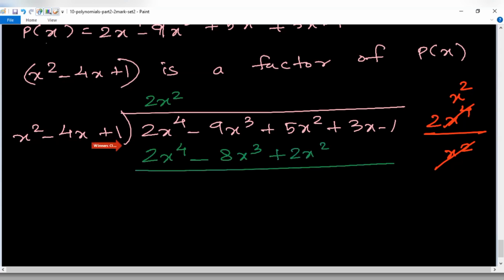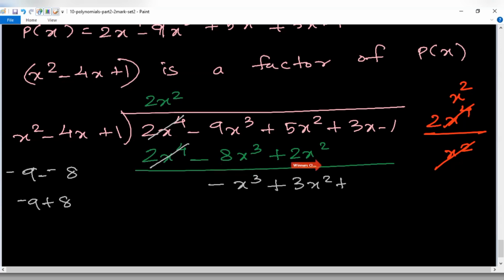Next we have to subtract. So like terms, 2x raised to 4 and 2x raised to 4 get cancelled. Here we have minus 9 minus minus 8, so it is minus 9 plus 8, that is minus 1, so it is minus x cube. 5x square minus 2x square is positive 3x square, plus 3x minus 1.